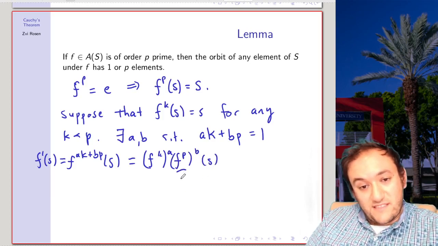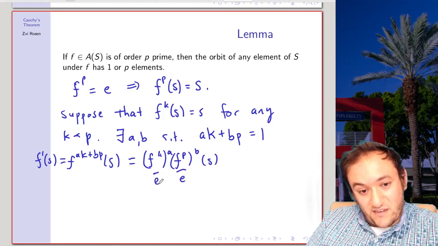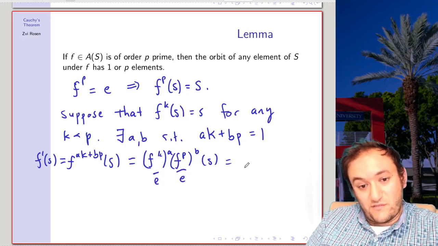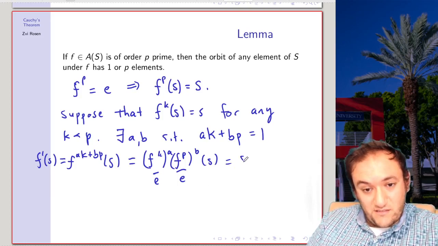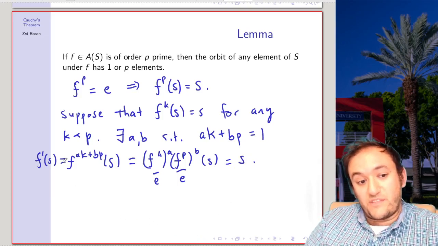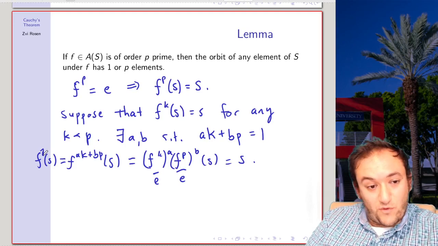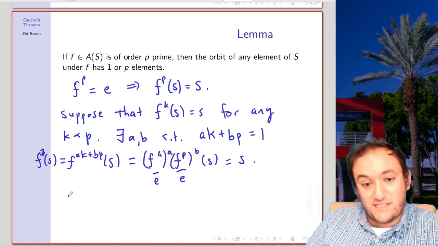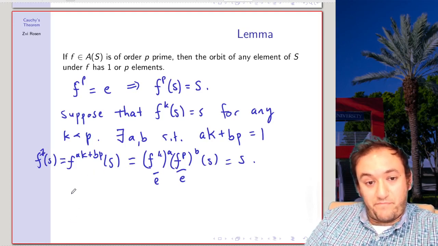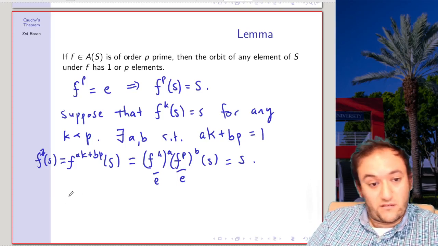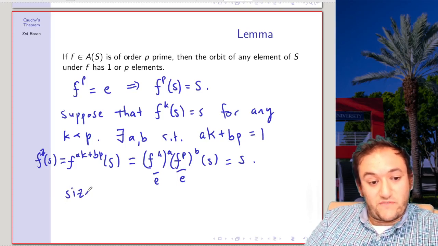But each of these separately is the identity on s. So this is going to just be the identity, so it'll give you s as well. So that means that f to the 1 of s is equal to s, which means that the size of the orbit is 1.